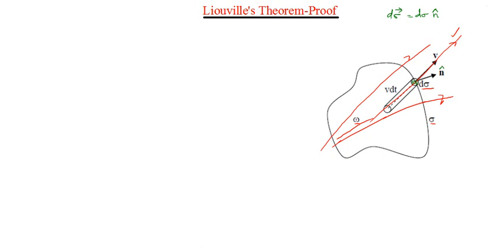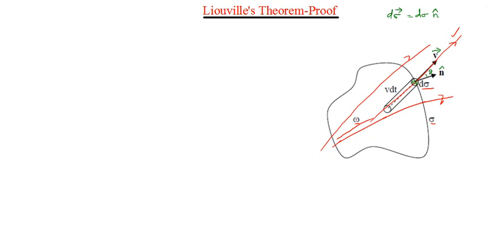Now, the velocity vector of the representative point is represented as v here, and in general the velocity vector can make any angle theta with the normal. So let theta be the angle between the velocity vector of the representative points in phase space and the unit normal vector n cap.